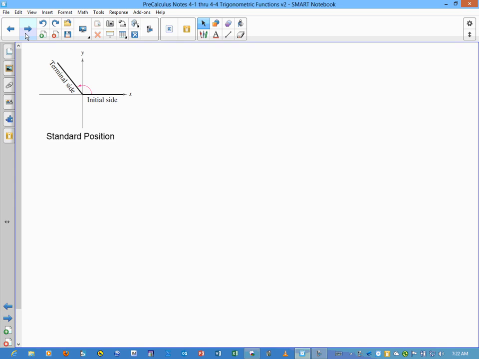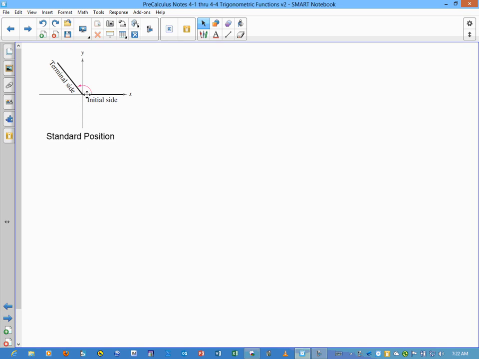We're going to start out with, from geometry, you should remember that you can translate or rotate any angle and it's still the same angle. You can move it around anywhere you want, it's still the same angle. So we want to exploit that fact and put it in a very special location. We want to move it so that the vertex of the angle is at the origin on a standard coordinate plane.